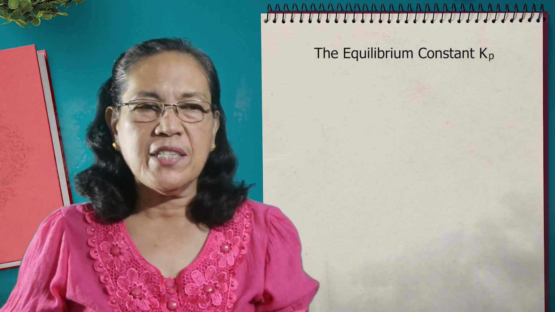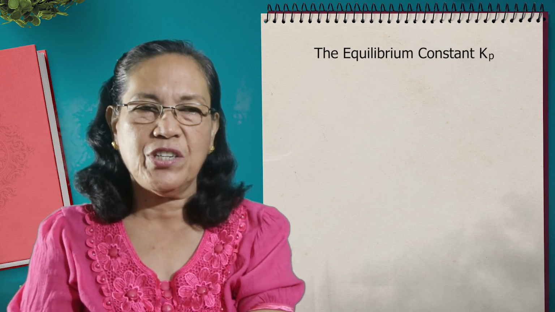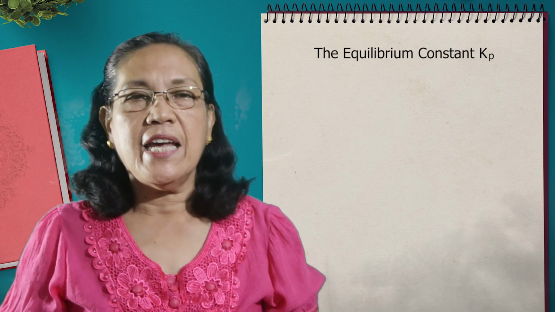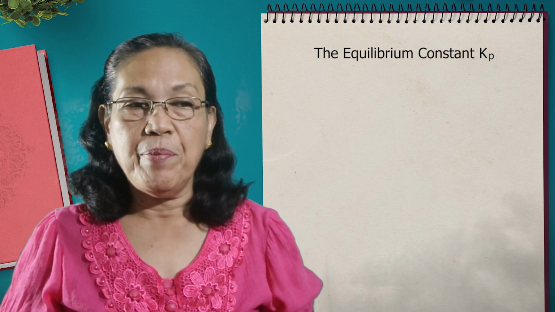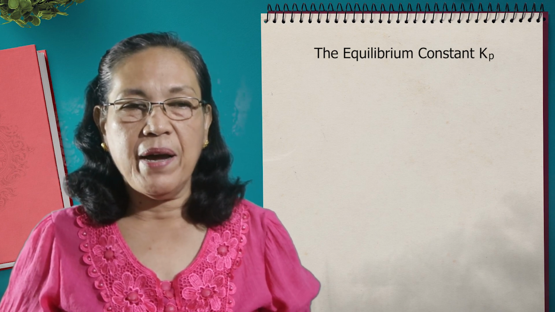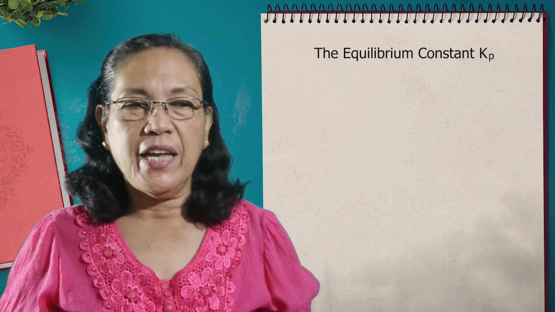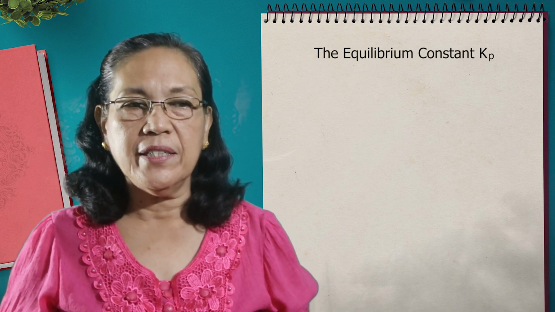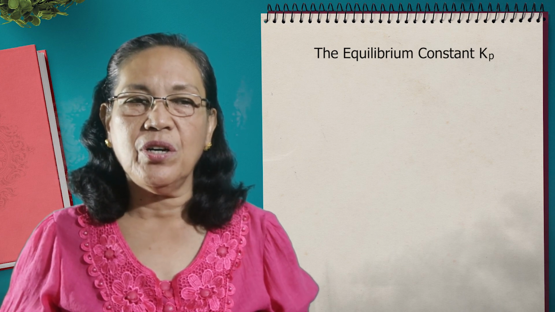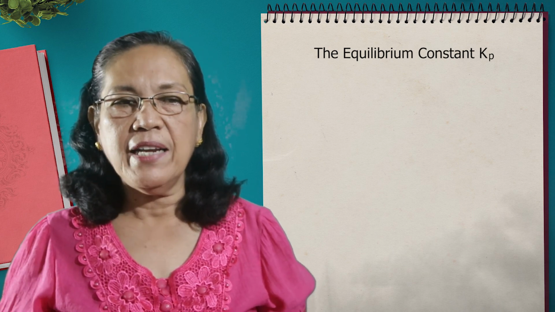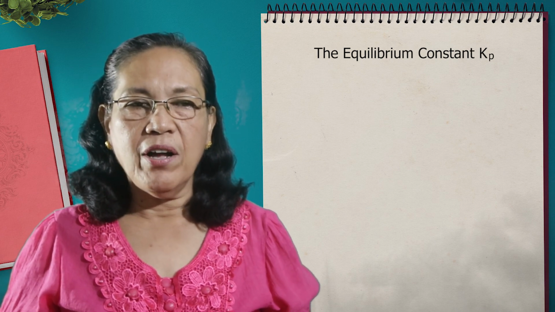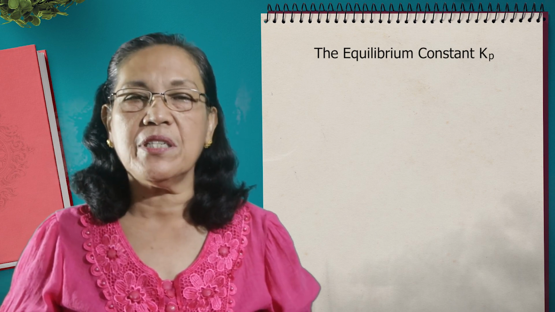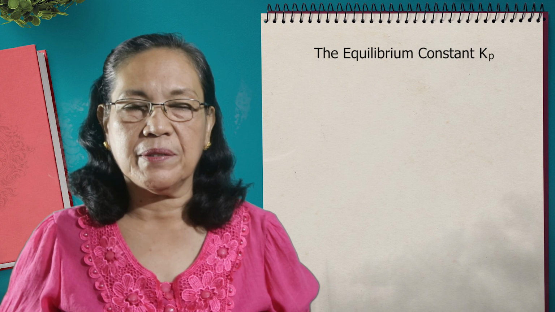So the equilibrium constant for this reaction of the weak electrolyte, which is the acetic acid, can be represented as K sub A equals the product of the products divided by the product of the reactants. So it is the concentration of the hydronium ion times the concentration of the acetate ion all over the concentration of the reactants, which are the acetic acid times the concentration of water.